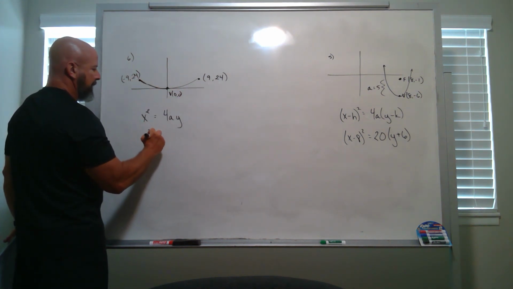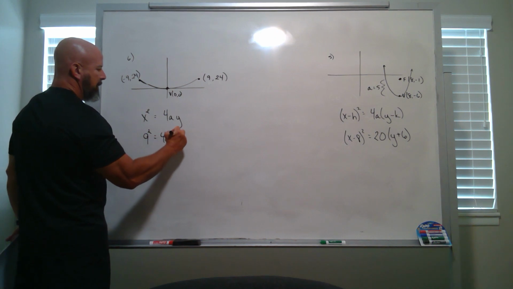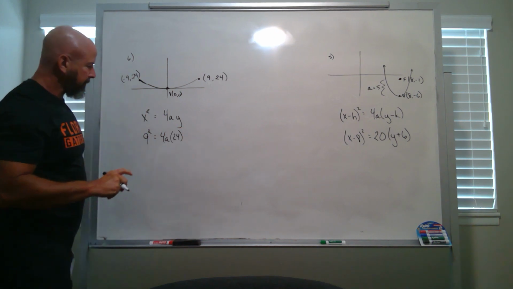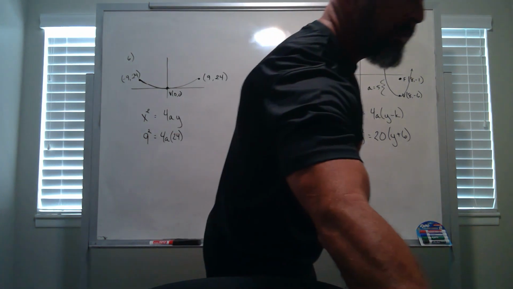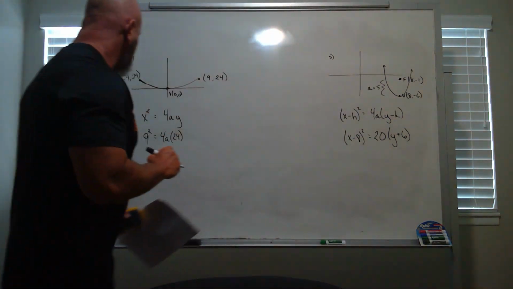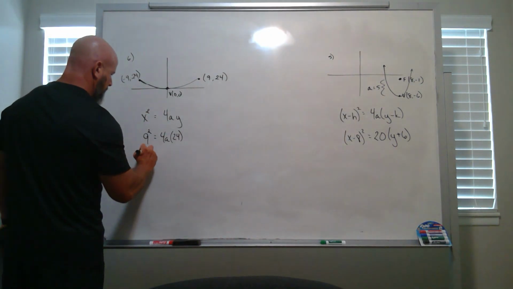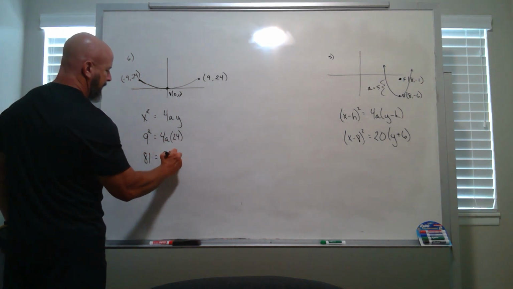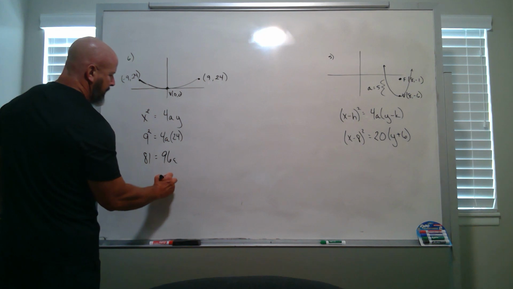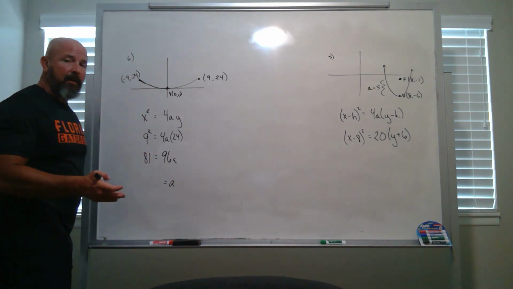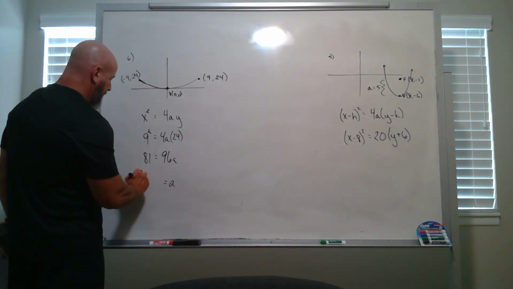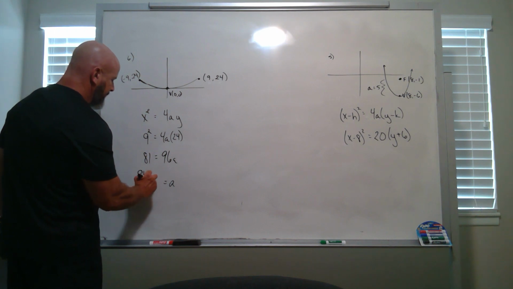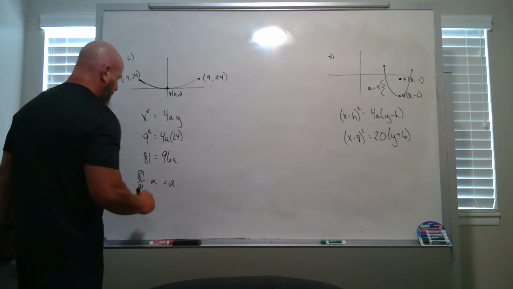So 9 squared equals 4a times 24. And 9 squared is 81. 4 times 24 is 96a. And so a would be, as the distance from vertex to focus, 81 over 96 inches.